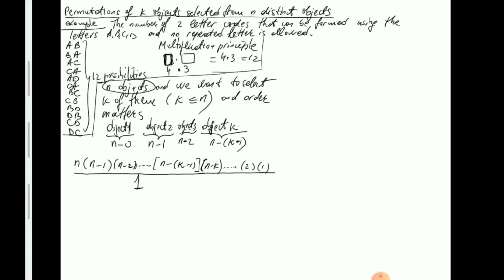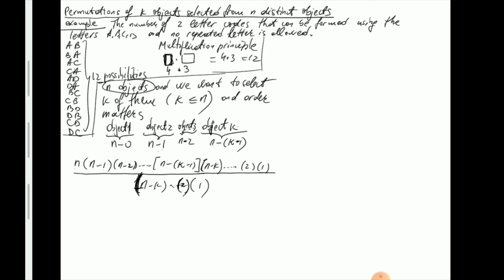So you basically put on the top and on the bottom all the factors from 1 up to n minus k. Basically, this is like a little proof of the permutation formula. You don't have to memorize how it is obtained. I just want to illustrate it briefly here.